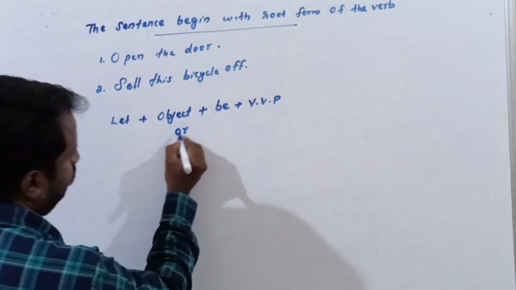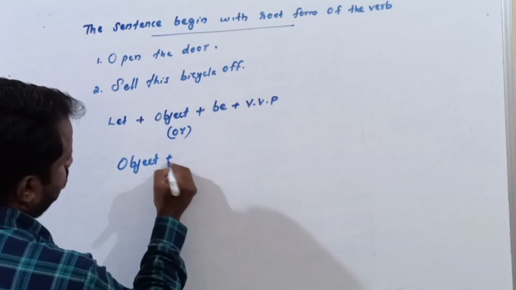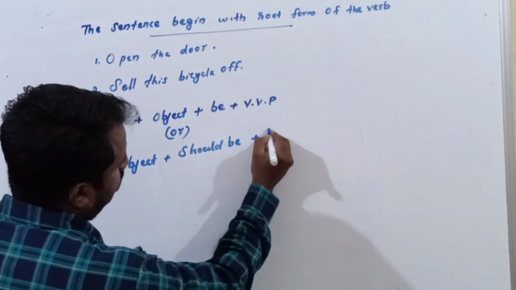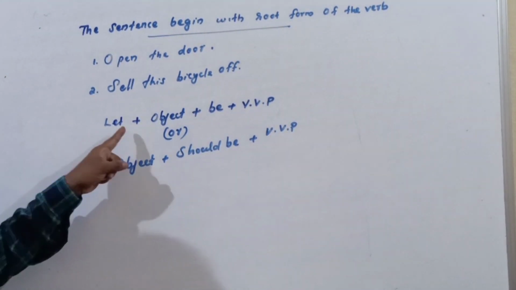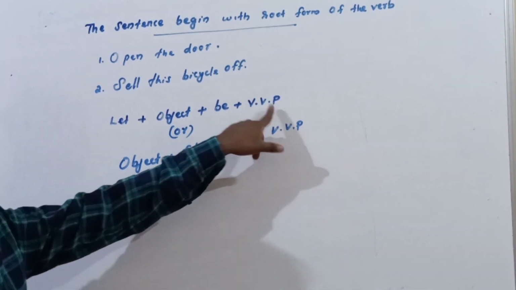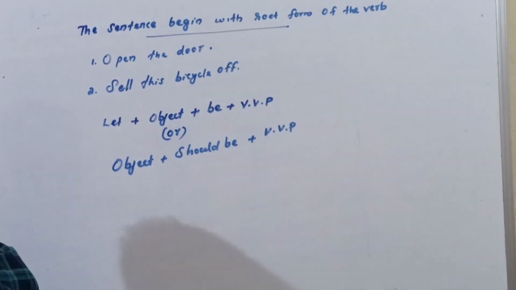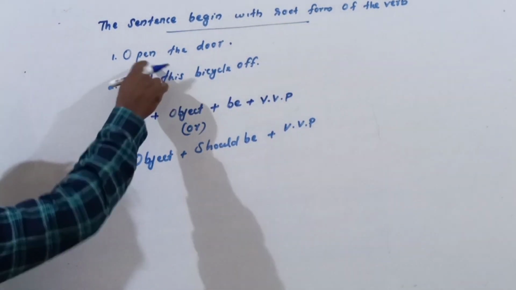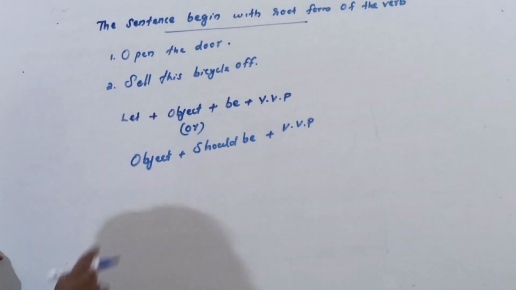Or, object plus should be plus past participle form of the verb. In both forms, either use let plus object plus be plus past participle, or object plus should be plus past participle. Let us write the question one with let, another with should be. Open the door.